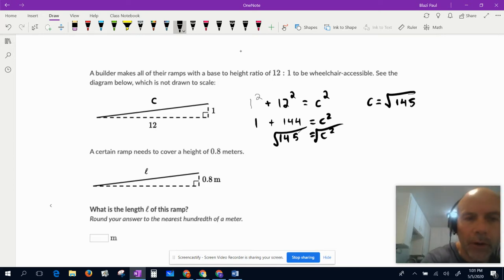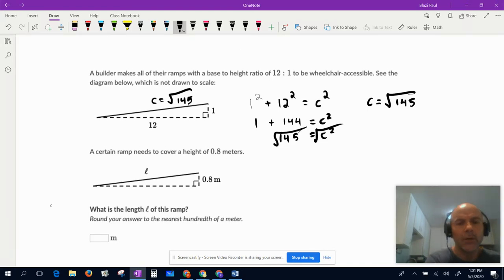So that's what we're going to write this as. I'm just going to leave it in a radical because I'm going to type it in a calculator just like that. Okay, so now I have enough edges to write a ratio.